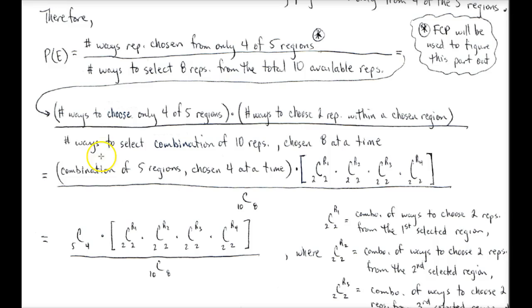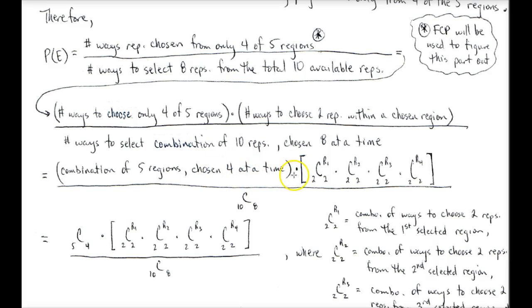And so I'll come here again and say the number of ways to choose only 4 of 5 regions. That could also be translated as a combination of 5 regions chosen 4 at a time. Okay, and I'm doing that because we need to bring the combination computations into this problem, and so I'm trying to phrase it that way so that we can lead up to that.